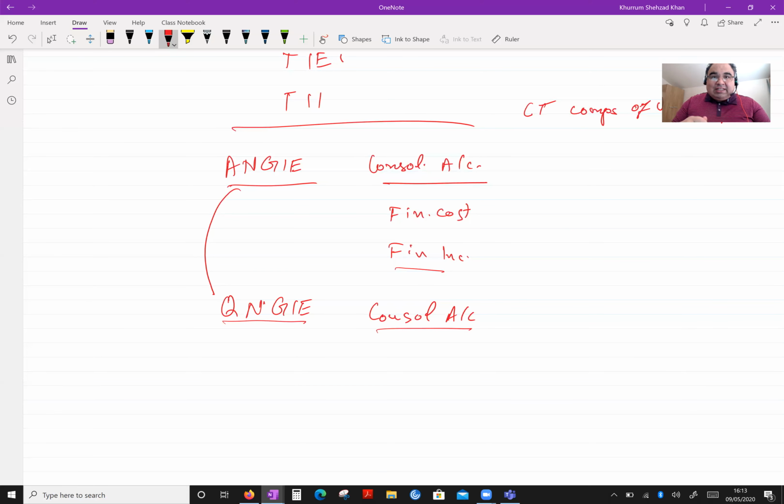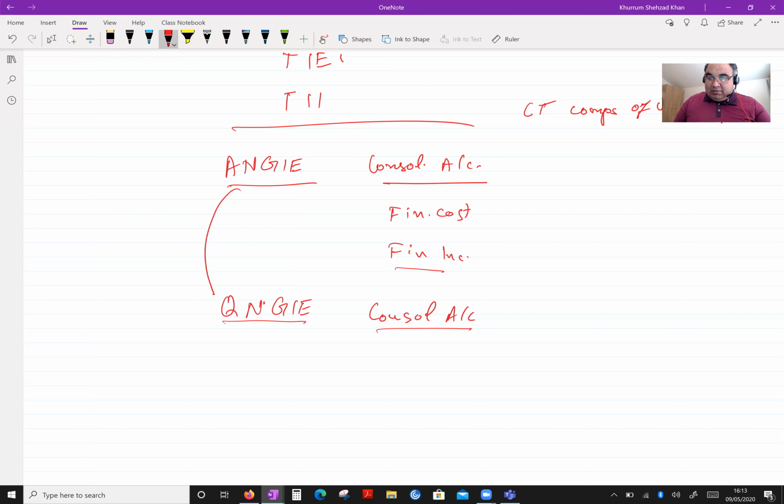There are further adjustments from NG which relate to preference shares and some kind of share-related interest expenses which are recognized as a loan but in reality are preference shares. Those kinds of adjustments you have to make in order to arrive at QNGIE. I don't want to go into further detail for QNGIE. This is how you will calculate it.